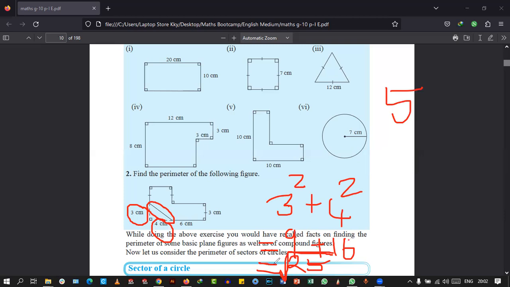I have put this equal sign. After putting that equal sign, I cannot put this one because they are not equal. This one, the root of 25, will be equal to 5. 5 is not equal to 25. Therefore, I cannot write like this.